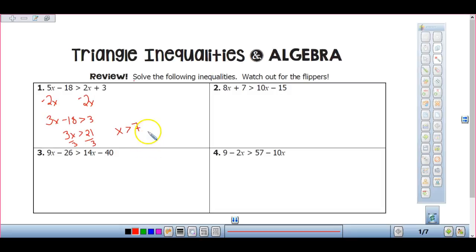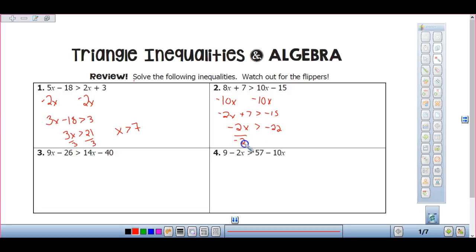Okay, one rule that you really need to remember, and hopefully you will: if we subtract 10x from both sides, we have negative 2x plus 7 is greater than negative 15. We move our 7 and we've got negative 2x is greater than negative 22.